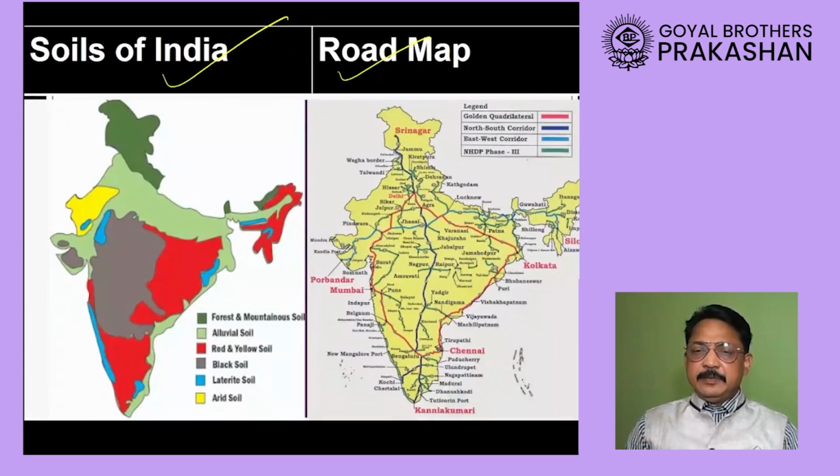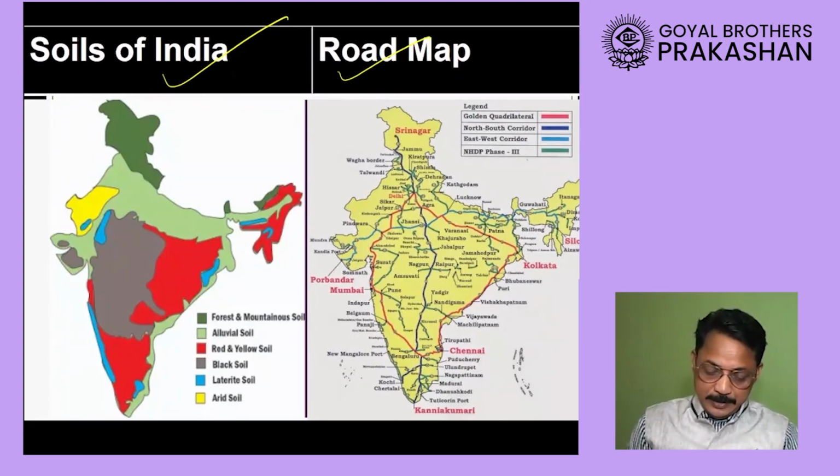So in this way, we are finding that a map consists of various natural features like soils and vegetations and mountains and plains, as well as many political features, as well as many man-made features, and all of them are shown here in different types of maps.